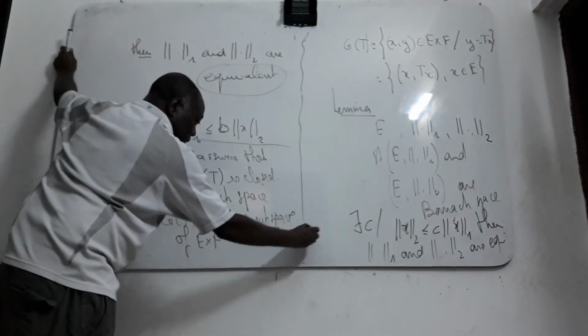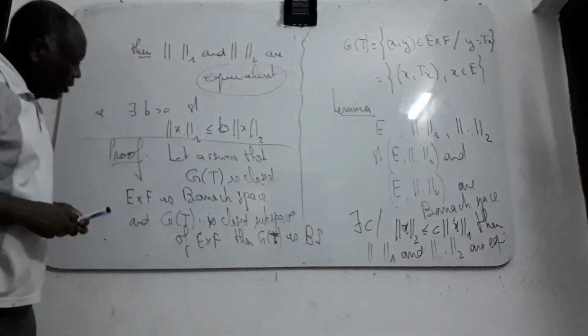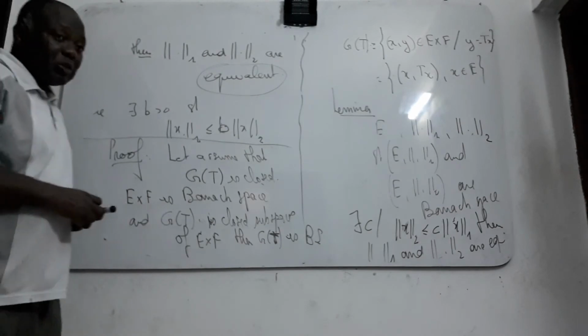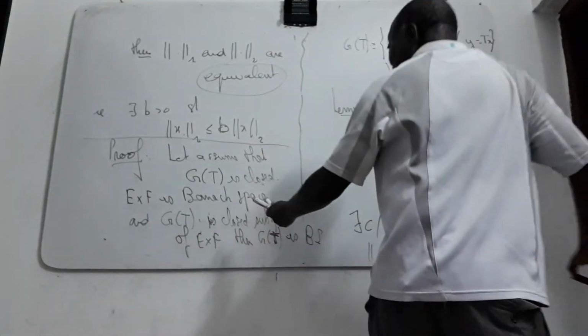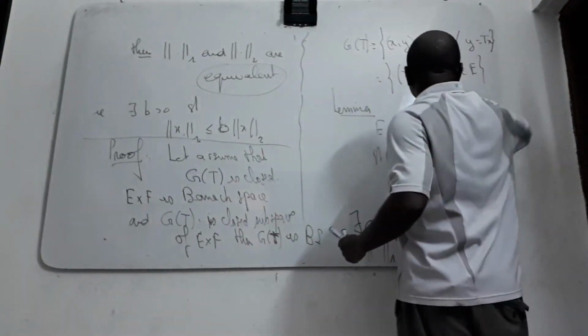Okay, that is the first result you can use afterwards: any closed subset of a Banach space is a Banach space.